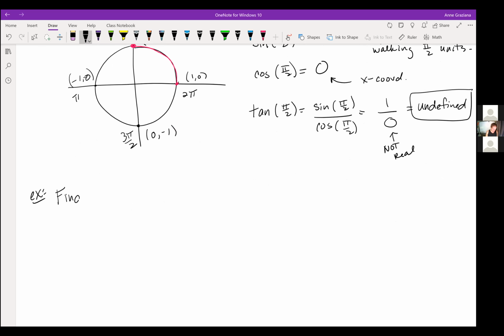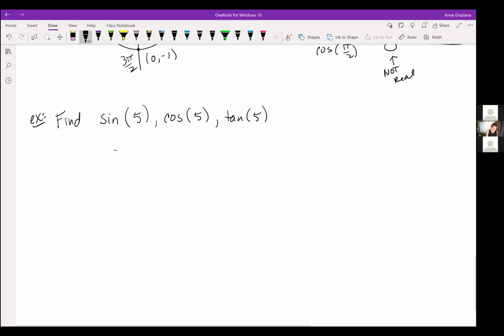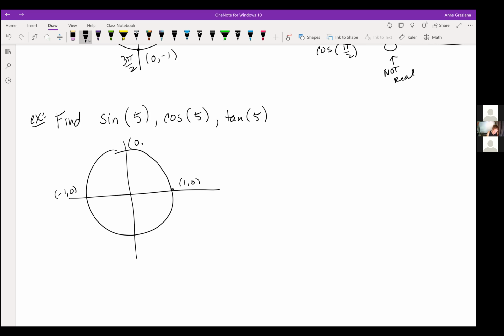So let's do one more. Find sine of 5, cosine of 5, and then tangent of 5. I think the approximation ones are a little bit harder, so let's do one more. All right, so again, 1, 0, negative 1, 0, 0, 1, 0, negative 1.